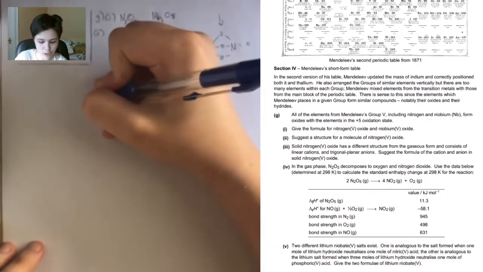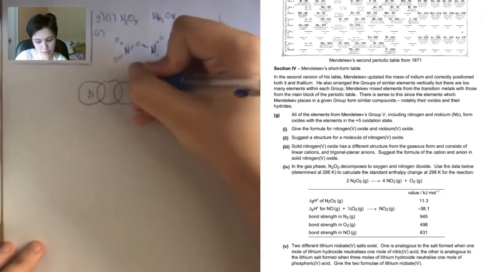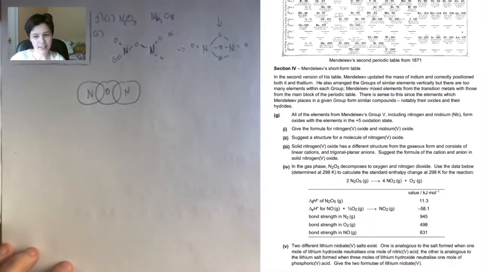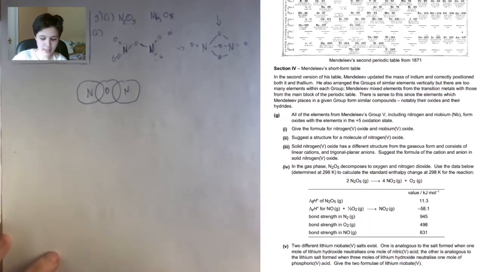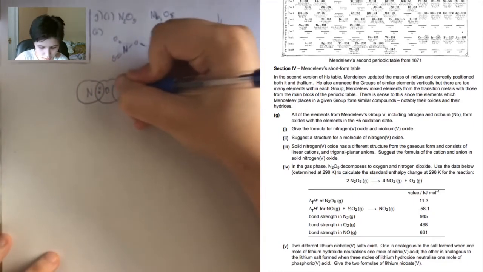So how about looking at a dot and cross diagram? This is going to cost you quite a bit of time, but if you don't know what to do here, then I think it might be worth it, unless you're really good at organics. But anyways, so single bond with the oxygen, single bond with the oxygen.